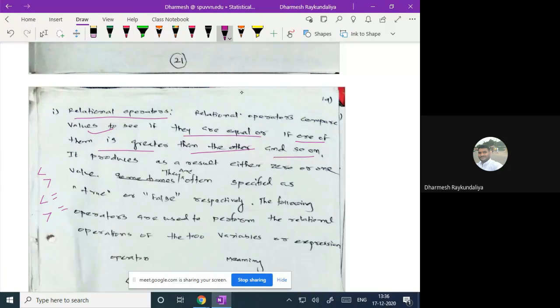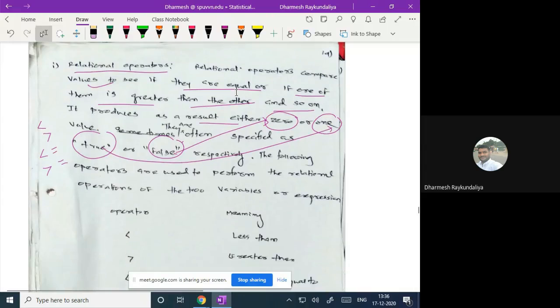It produces as a result either 0 or 1, or you can say either false or true. False means 0 and true means 1.